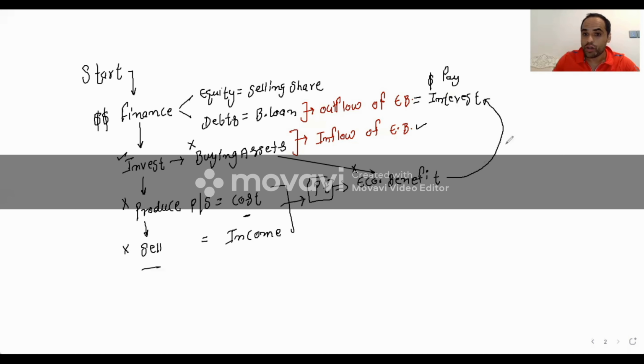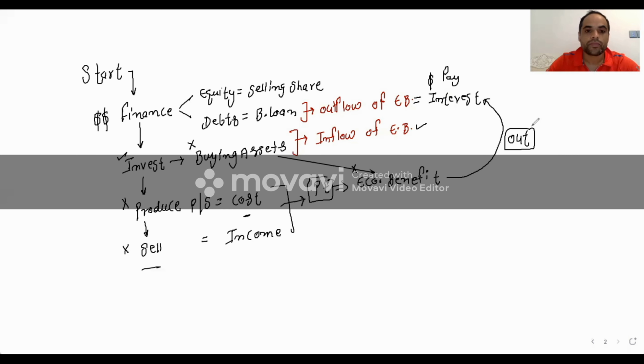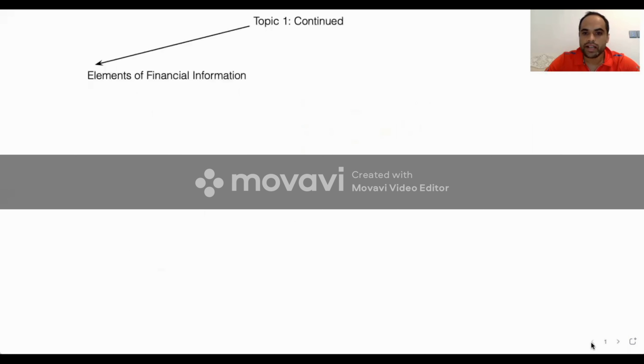If you pay, your economic benefit will go out because you're paying the money out, right? That's the meaning of outflow of economic benefit. Is that clear? Yes, thank you, teacher. Any other question before we move on to the elements?